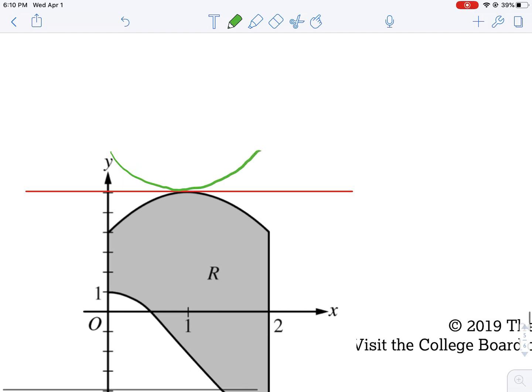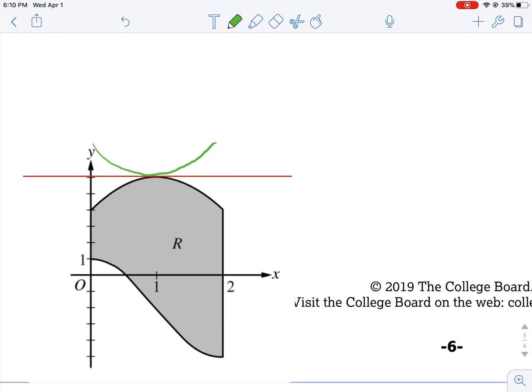See if I can draw it well the first time. Oh, that's pretty good. And then we reflect the bottom part, which will go something like, it looks something like this.